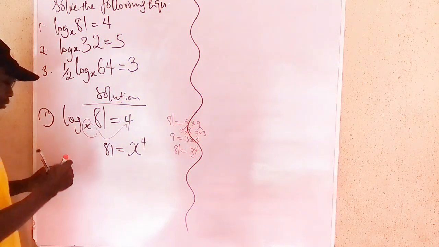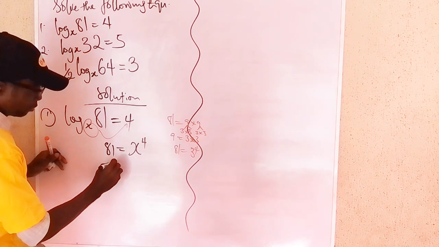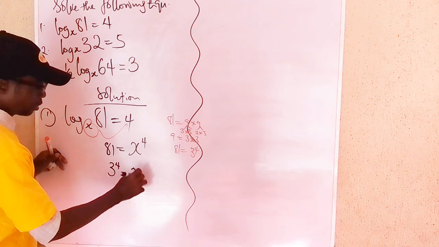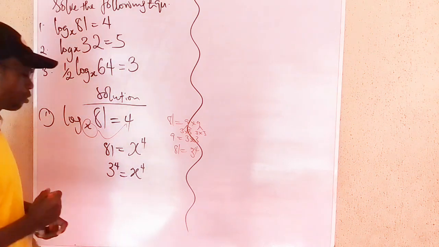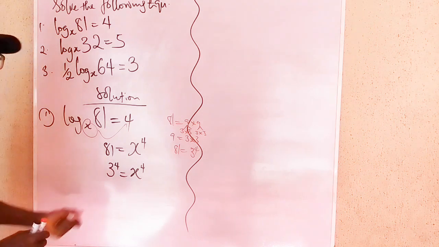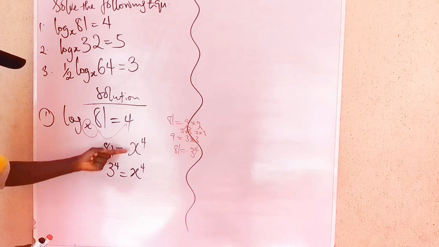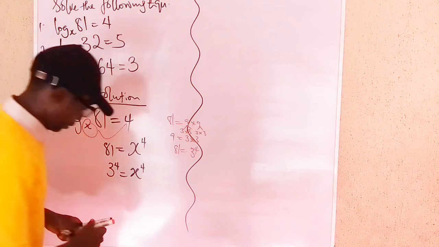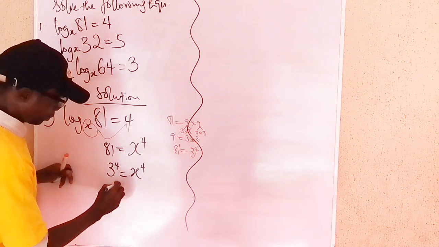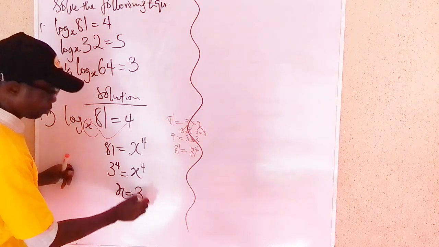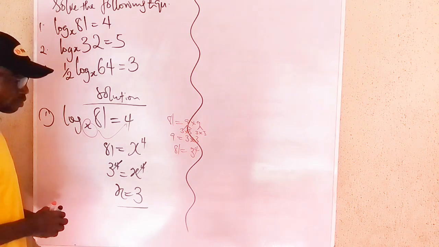So 3 raised to the power of 4 is equal to x raised to the power of 4. At this juncture, you see that the powers are the same, so the power cancels the power. So x is equal to 3.